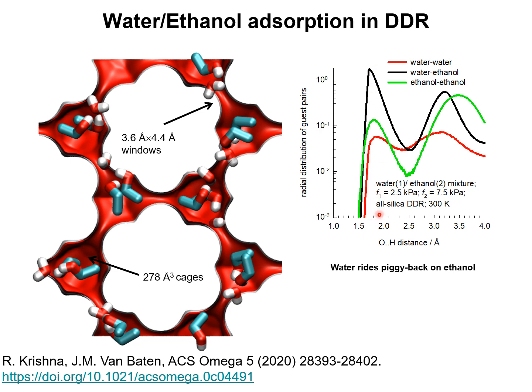We note that there is a sharp peak at a distance that is smaller than 2 angstrom, and this peak corresponds to the OH distance representative of hydrogen bonding. Particularly noteworthy is the strong peak in the water-ethanol pairs of guest molecules.